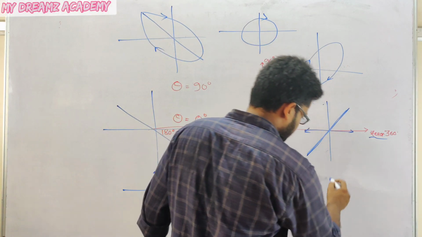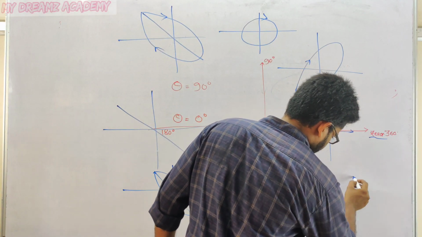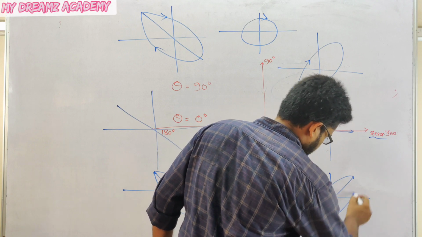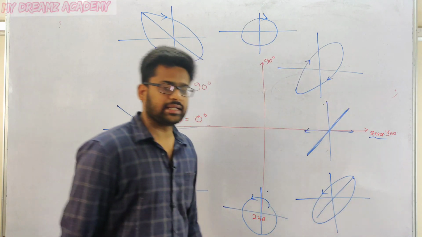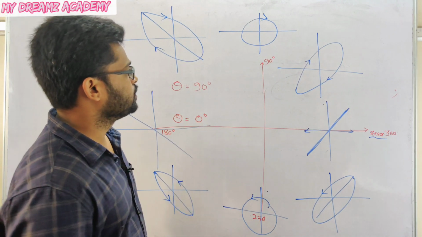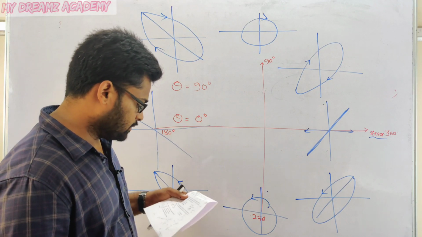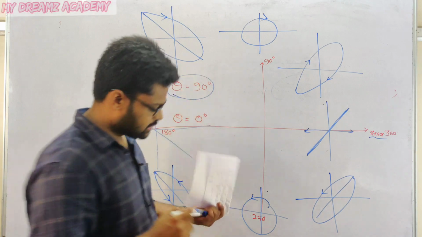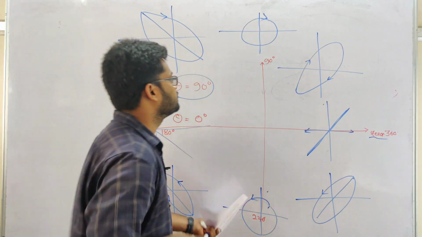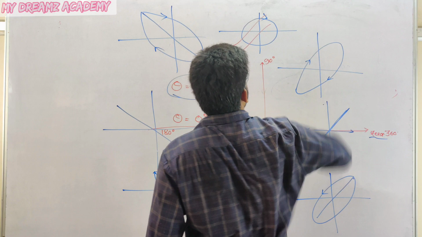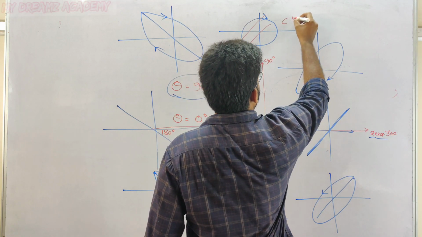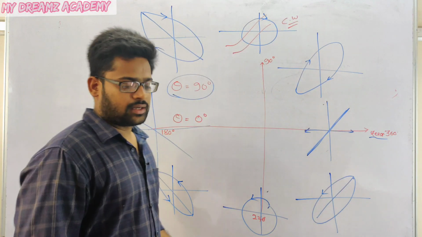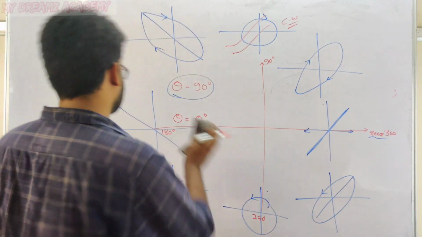Similarly, in between these two, it will be like this, but in the anti-clockwise direction. This is the total about Lissajous figures. Here the question is given that the phase difference is 90 degrees. So, which answer is correct? That is a circle. If the direction is given clockwise, this is the answer for the 14th question.